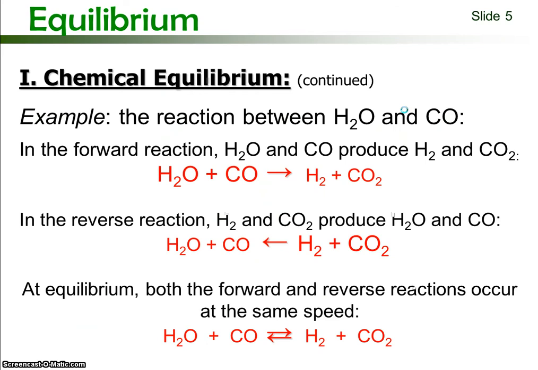So, for example, when we look at an equation, we know it's at equilibrium because we see this double arrow. But we need a way to describe the arrow on the top and the arrow on the bottom. So we've used the terms forward reaction and reverse reaction. So in this reaction where you have H2O and CO combining to make H2 and CO2, we would say the forward reaction describes the reaction where the H2O and CO are making the products.